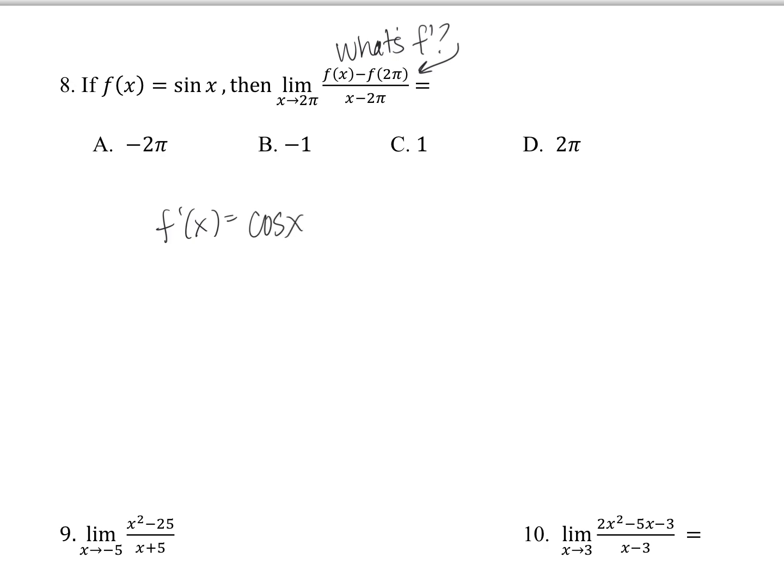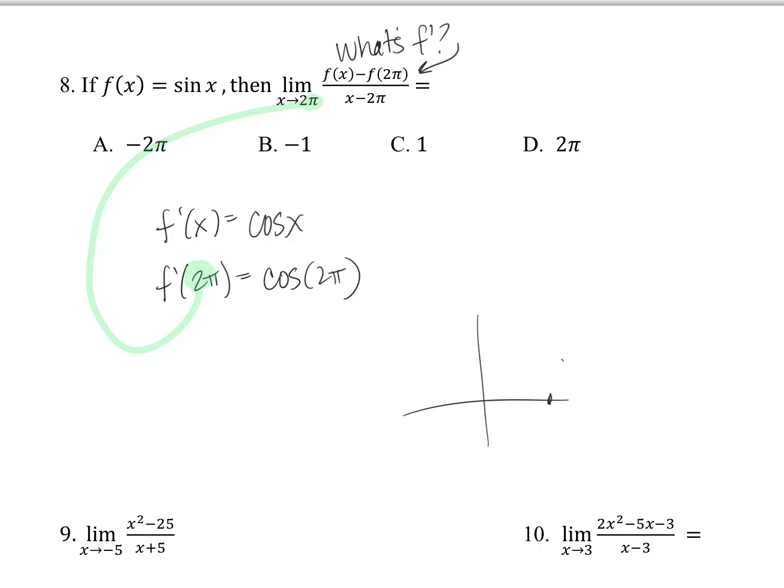But then, you see that's not an answer. They want to know what's that derivative when x is what? 2 pi. And I got that from right here. What is the cosine at 2 pi? 2 pi is all the way around. You're right, Sadie. Cosine there is just 1.